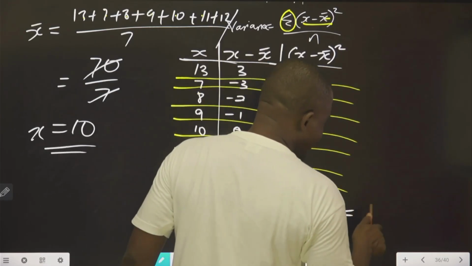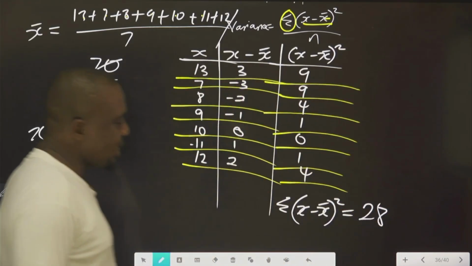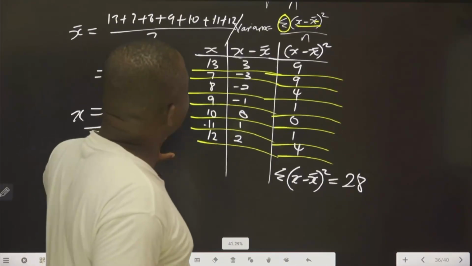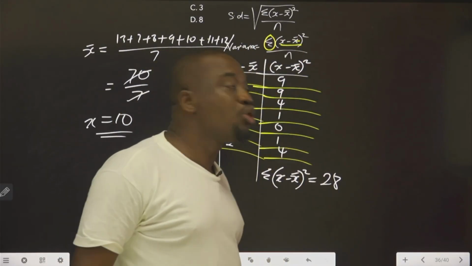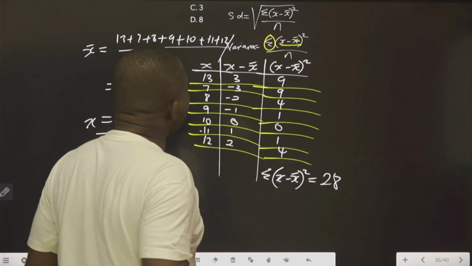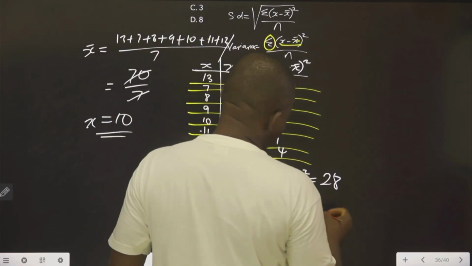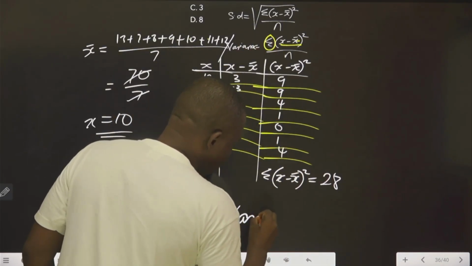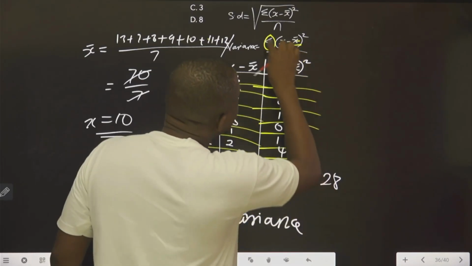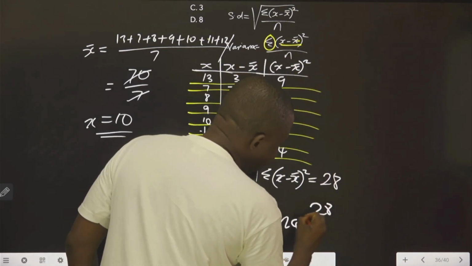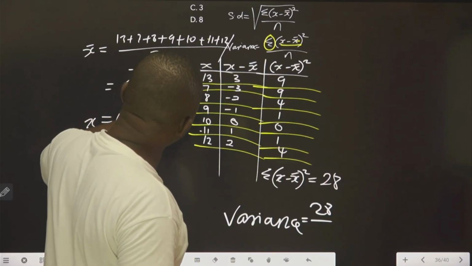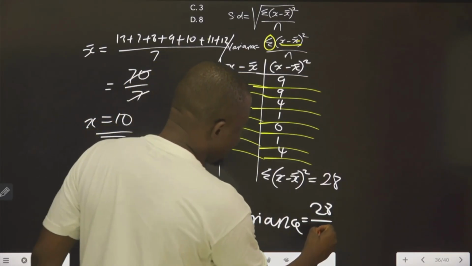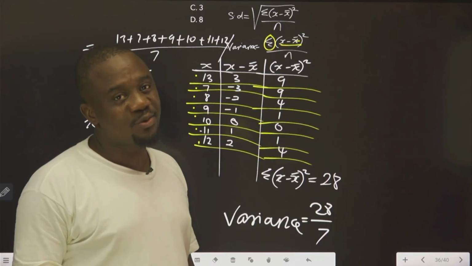We have 28. Now that we have 28, it means we are done with the numerator. So to include the denominator, that is to get the variance now, we say this numerator, which is 28, over denominator 1, 2, 3, 4, 5, 6, 7. That is 7. 28 divided by 7. What is that? 4.